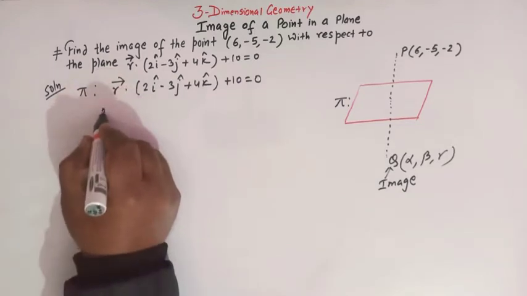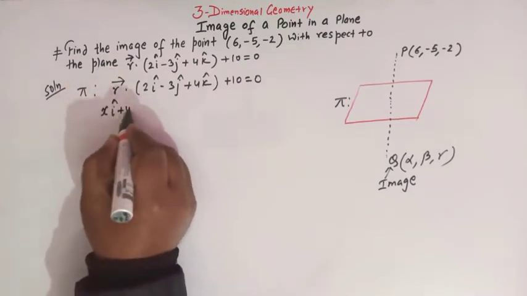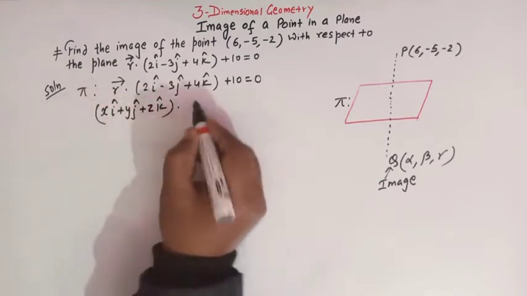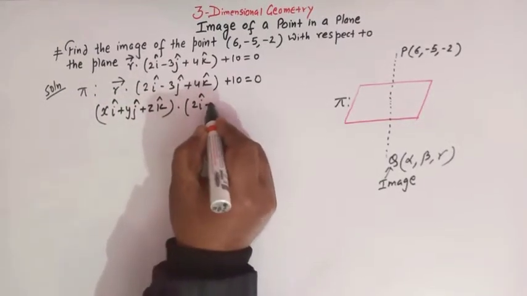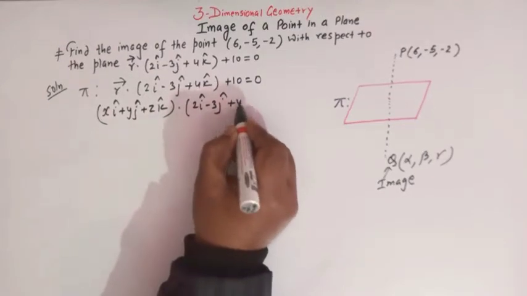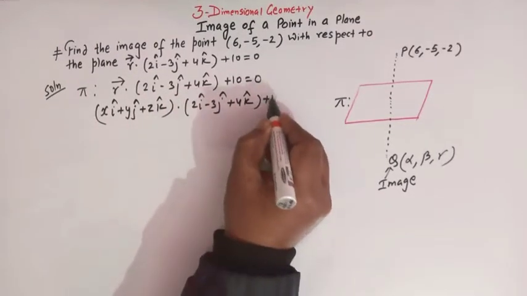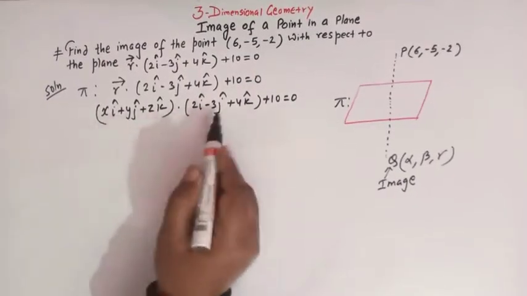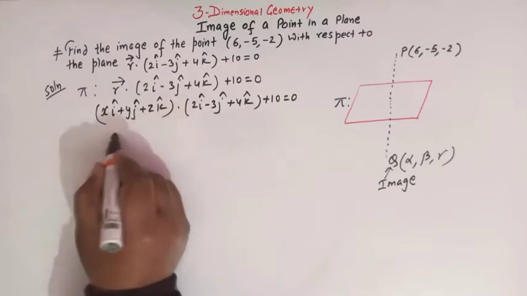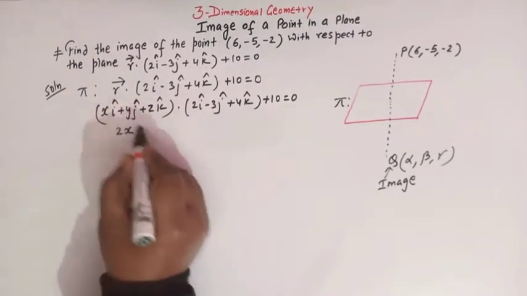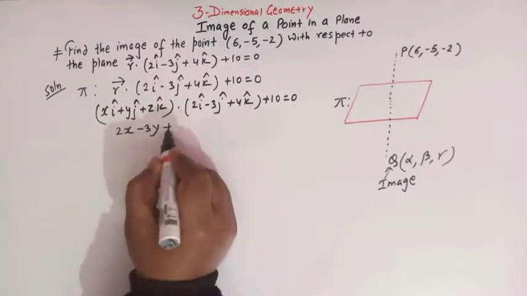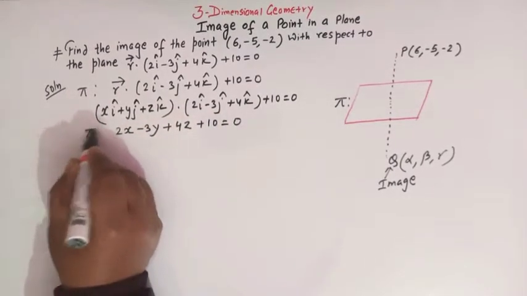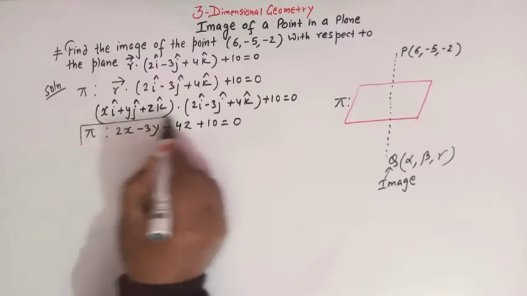Vector r can be written as xi cap plus yj cap plus zk cap, dot (2i cap minus 3j cap plus 4k cap) plus 10 is equal to 0, and the scalar product of these two vectors gives 2x, then minus 3y, then 4z, plus 10 is equal to 0. So this is our plane.